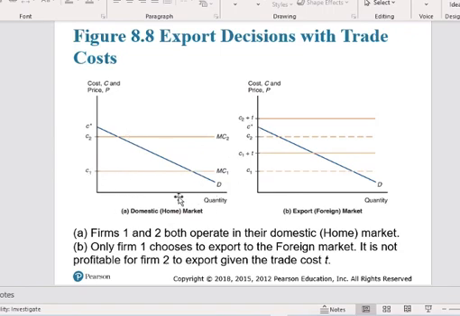Okay, so this is without trade costs. Firm 1 and firm 2. So marginal cost for firm 1, marginal cost for firm 2. Firm 1 and firm 2 operate in the domestic market, and only firm 1 chooses to export to the foreign market.